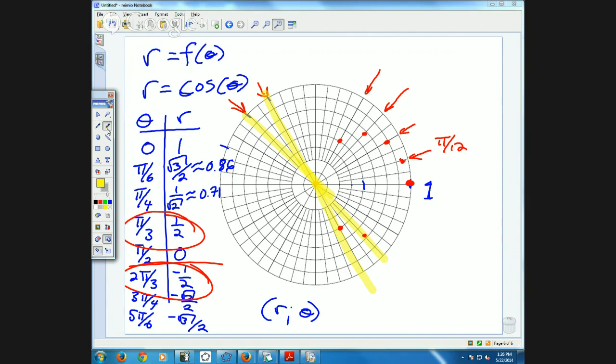Oh, there's another yellow line. Thanks. Ah! Put that in the wrong spot. Go get it. Go. Go.